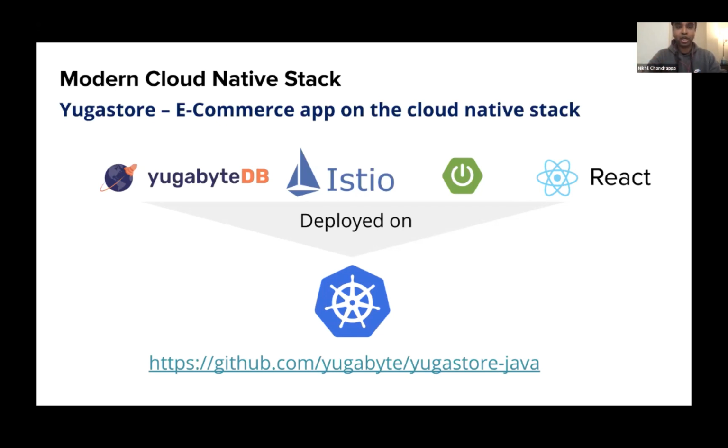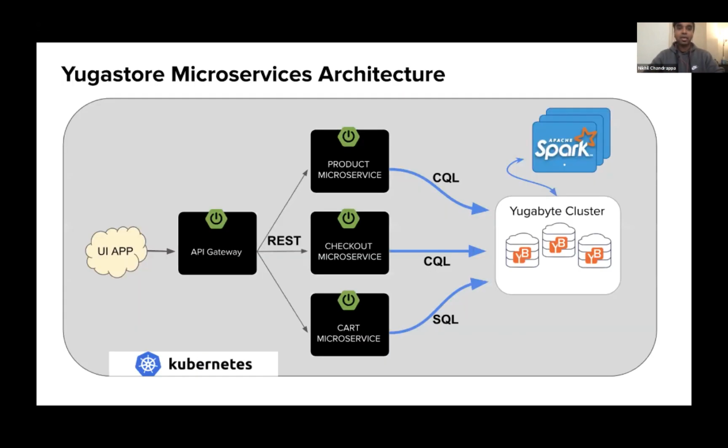We are not going to talk much about the Spring Cloud aspect of this app. We are going to talk more about how we have developed the access pattern, or the data access layer, of these microservices. On a high level, this is the architecture we have for this application.